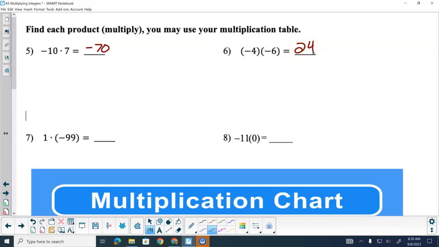Ooh. We don't have a 99 row or a 99 column on our paper. It's 99? Yeah. Because? Times by 1, so it doesn't change anything. Okay, so if the digit's going to be 99, what about the positivity? It's going to be negative.